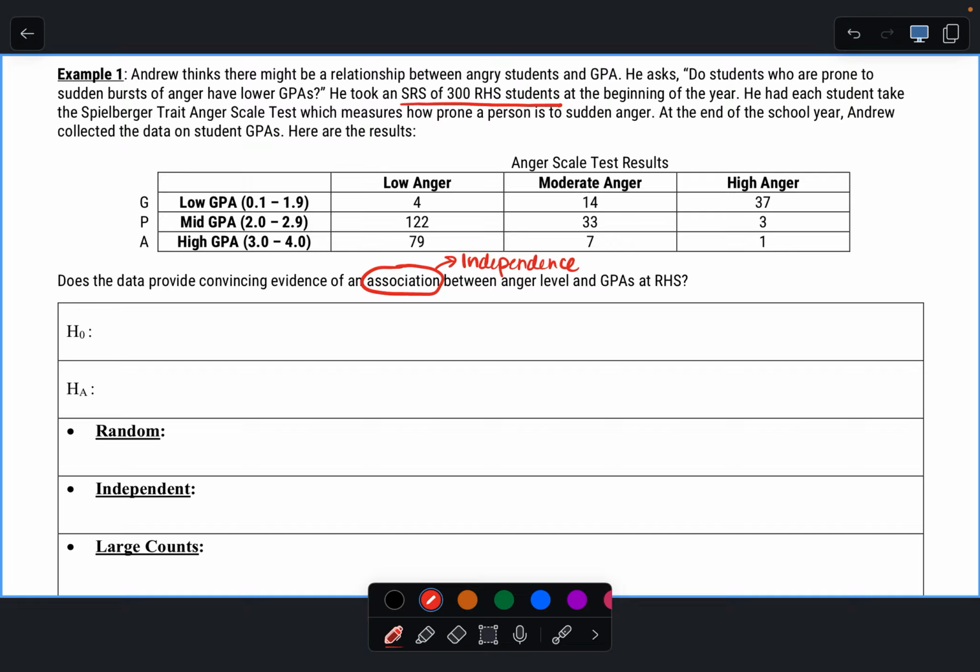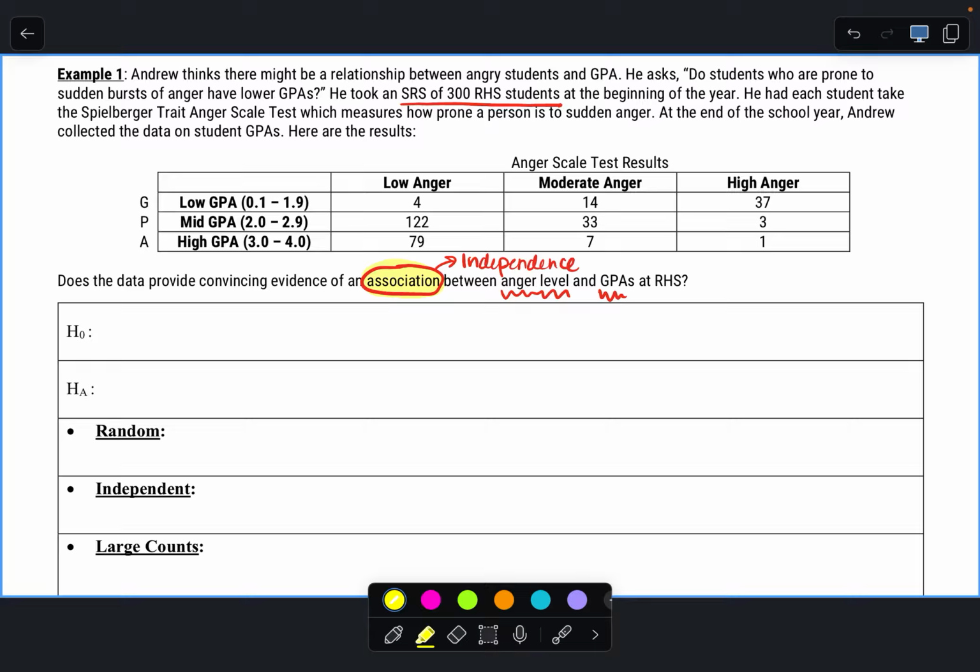And then again, just looking at the question, we have two categorical variables, anger level and GPA, with one population. So that is another sign that this is a test of independence. The first thing I would be checking for is the word association. That's the big one.